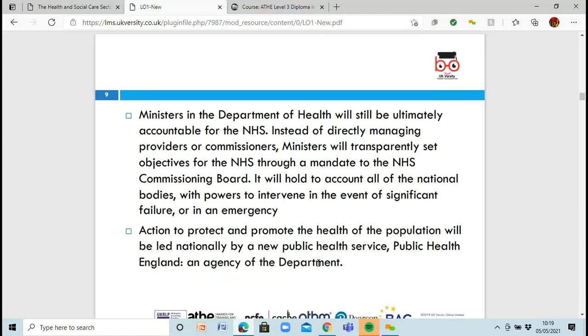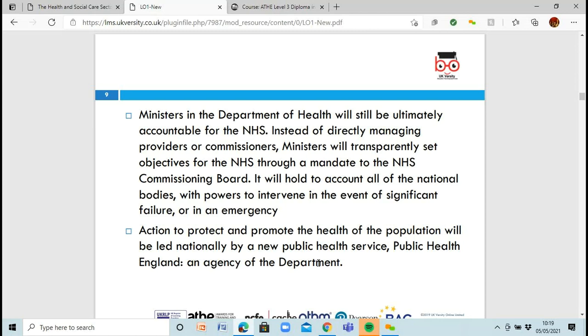Then the last slide for 1.1, we come on to the ministers for the Department of Health. So they're actually ultimately accountable for the NHS, but they don't actually directly manage the providers. They're transparent, they set objectives for the NHS, and they put mandates through for the NHS Commissioning Board.